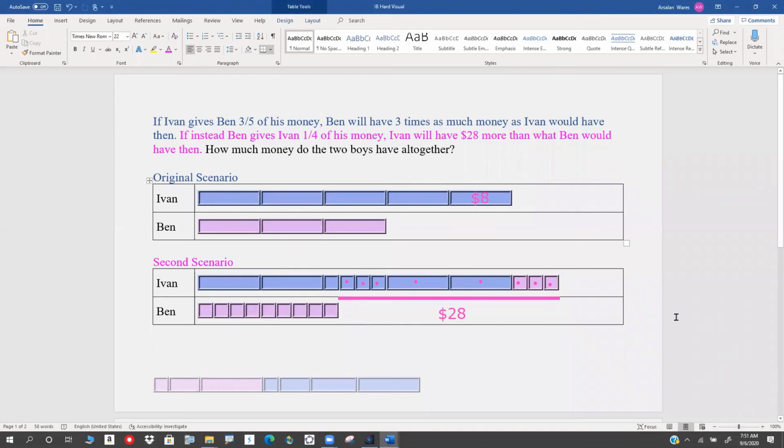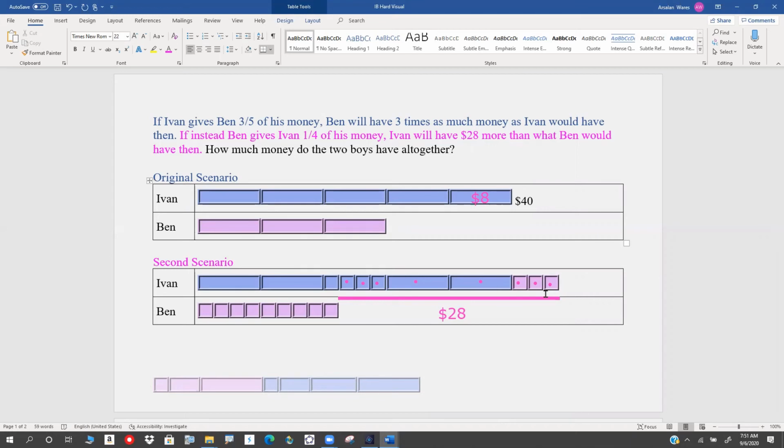So Ivan has 5 units, and each unit is worth $8. So Ivan must have 5 times 8, which is $40. And Ben has 3 units. Each unit is also worth $8.